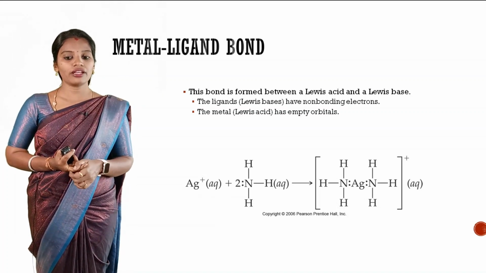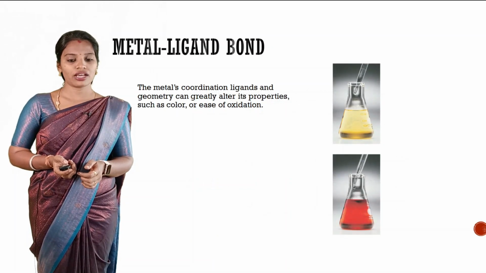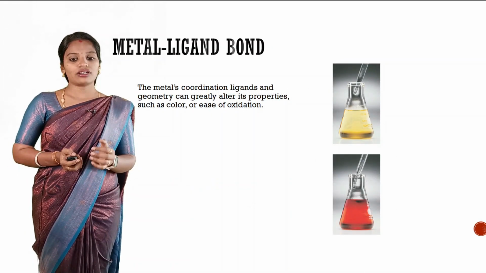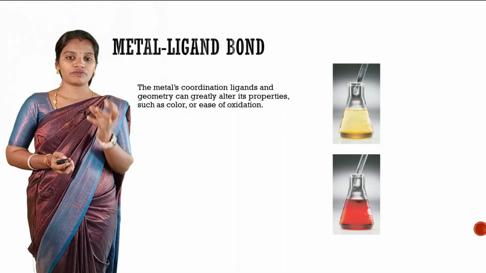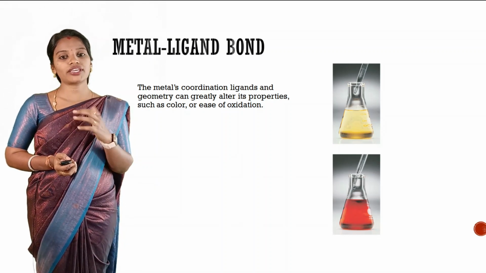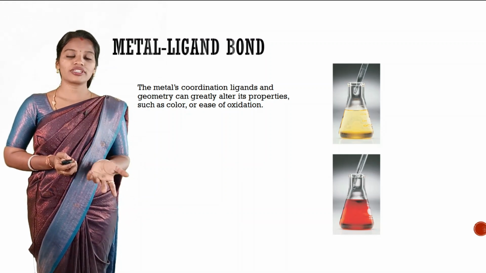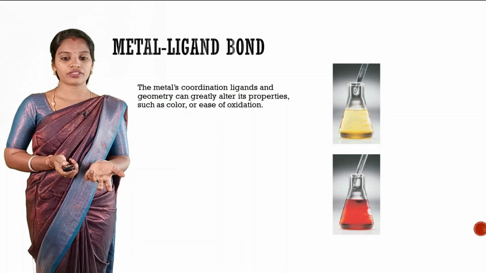Then it will form a coordination covalent bond. Once we add a ligand to a metal, there will be changes in geometry, color, oxidation and so on.